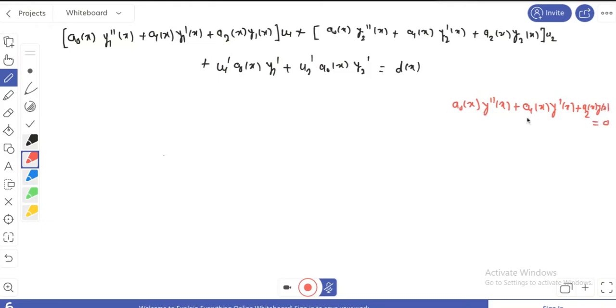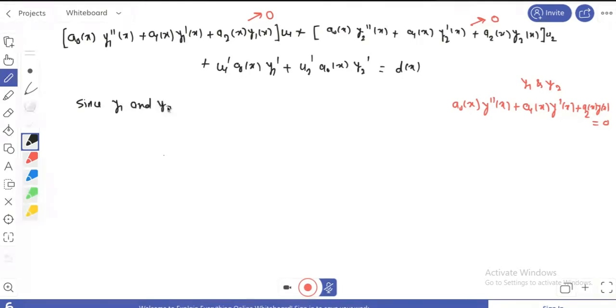If y1 and y2 are solutions of that equation, then y1 must satisfy equation number 2, and of course y2. So if y1 satisfies it, then a0(x) y1'' plus a1(x) y1' plus a2(x) y1(x) is 0. Similarly, if y2 is a solution of equation number 2, that portion is also equal to 0.